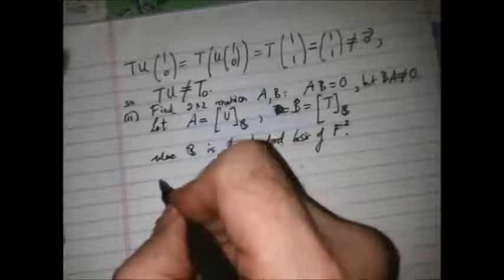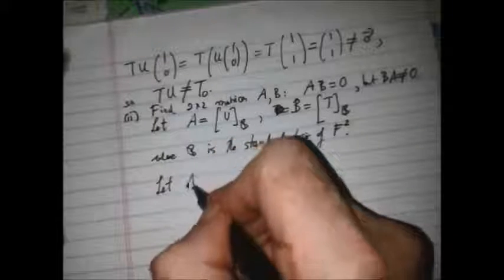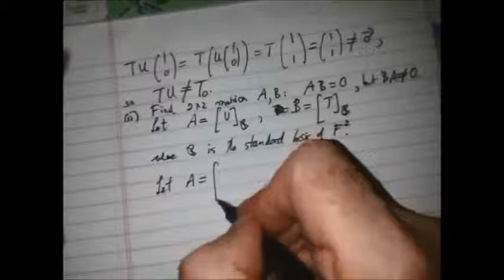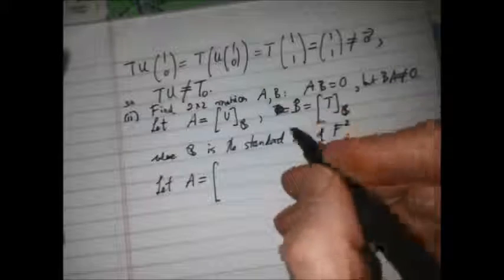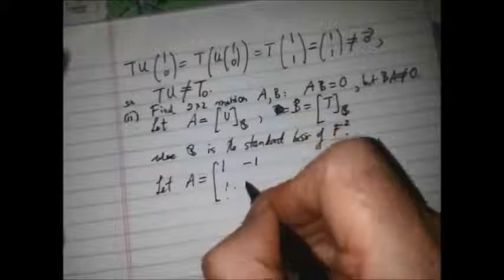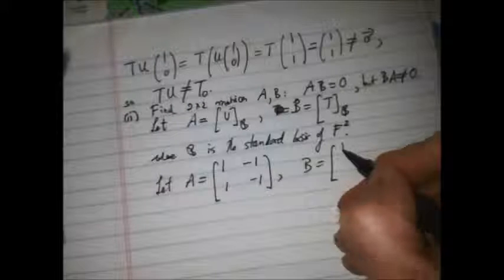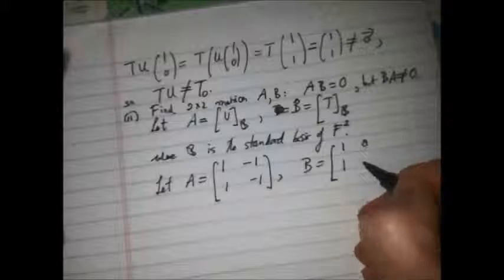So this is basically the matrix that does the multiplication. Okay, so what we do is we let A be the matrix 1, minus 1, 1, minus 1, and B be the matrix 1, 1, 0, 0.